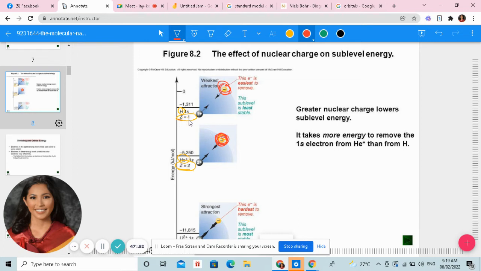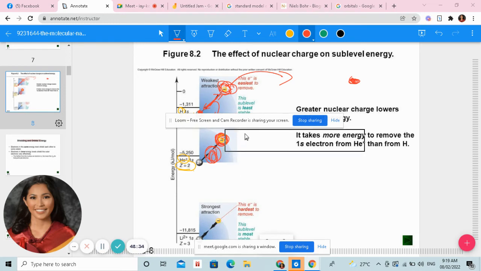Z is equal to 1, because its attraction is small. The hold of the nucleus on the electron is weak, so it is easy to pull or remove when another atom wants to attract the electron from this atom. So it is easier to remove because the nuclear charge is lower. Whereas here, it has higher nuclear charge, so it is more difficult to remove.